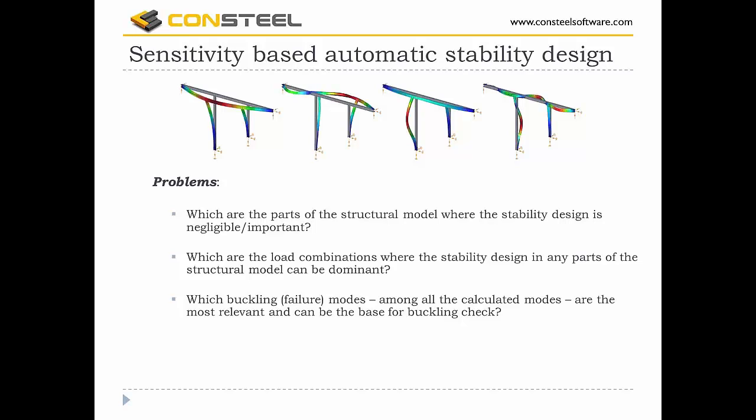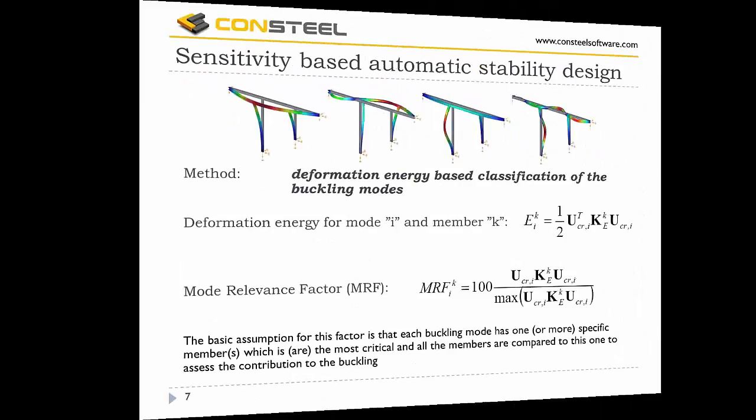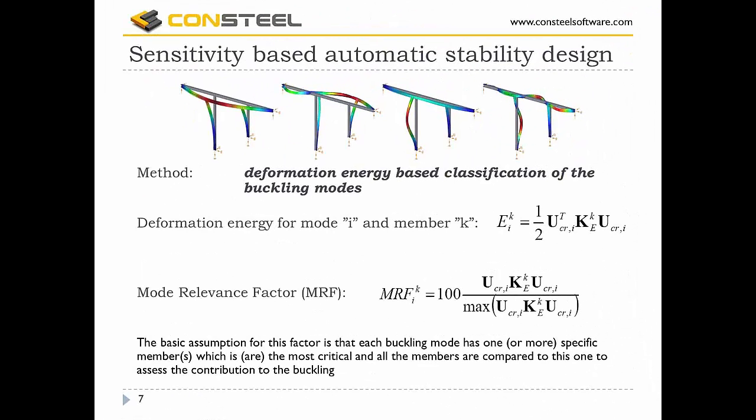So these are quite important questions, and as you may know, we already implemented in ConSteel the sensitivity analysis for stability, which is based on deformation energy classification of the buckling modes, and we are seeking the critical members in that way, and a mode relevance factor is constructed, and based on these factors we can evaluate the relevancy of each member from the point of view of stability design.